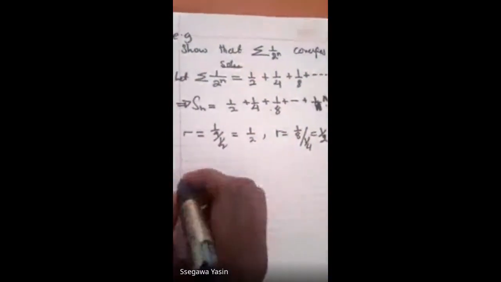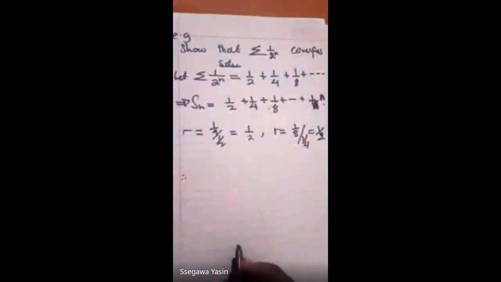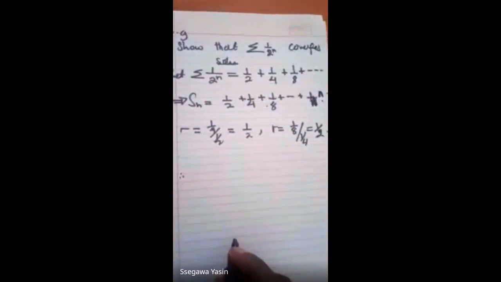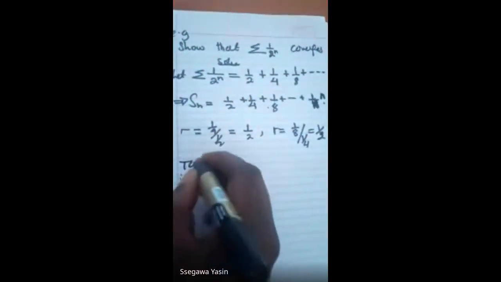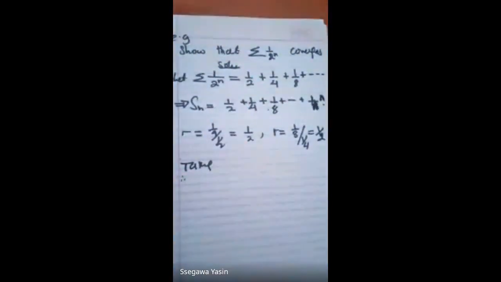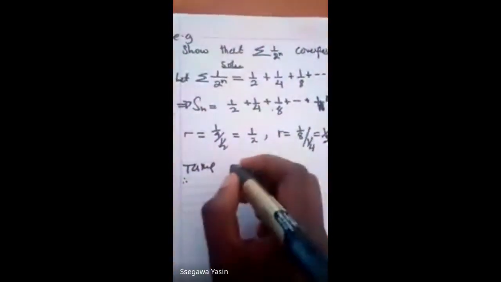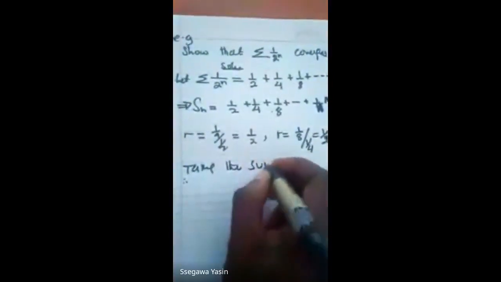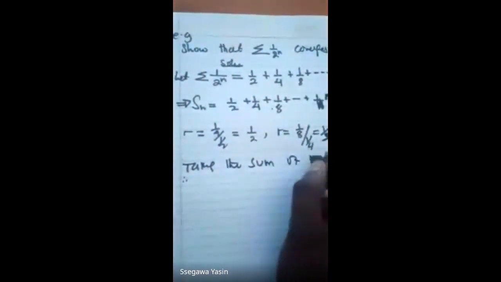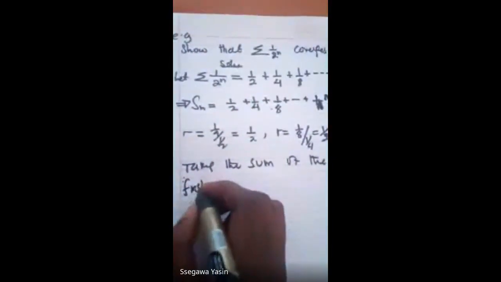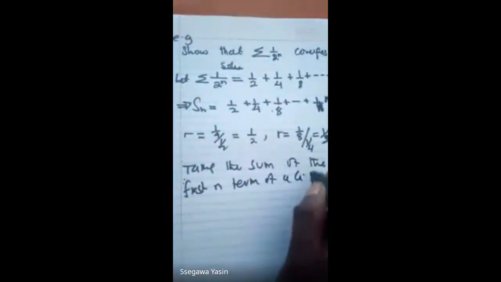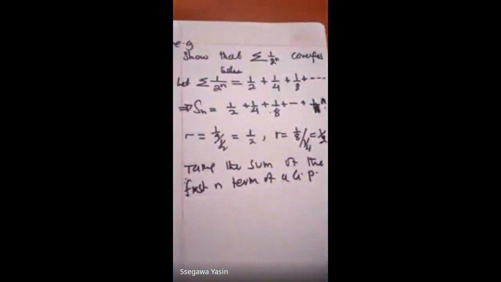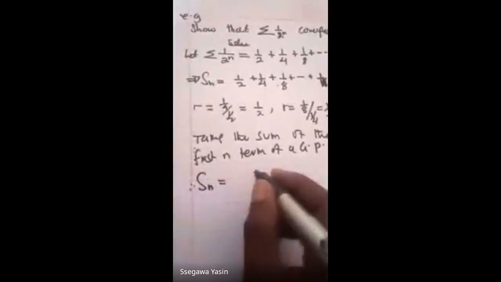Therefore, we are supposed now to identify the expression we are having, that now we are having a sum to infinity. So taking the sum of the first n terms of a GP, because we have seen we are having a common ratio, our partial sum Sn will equal to what?